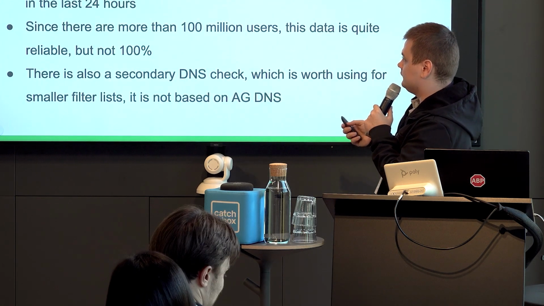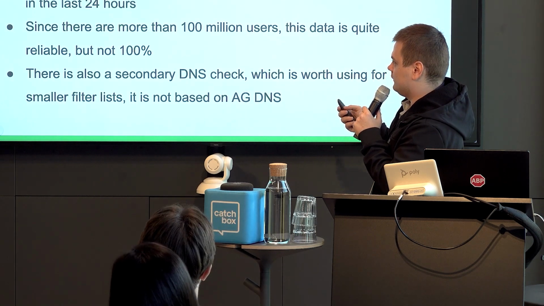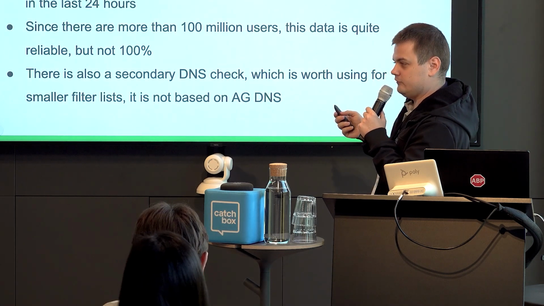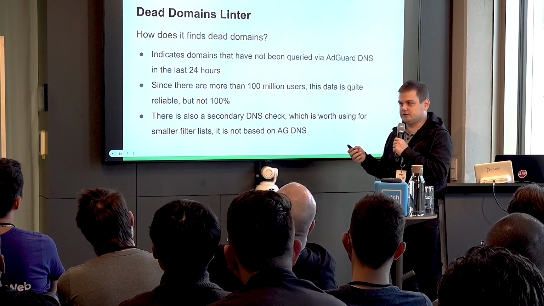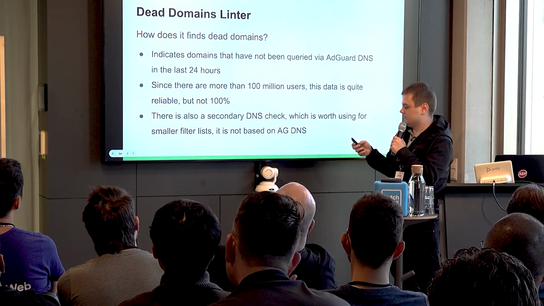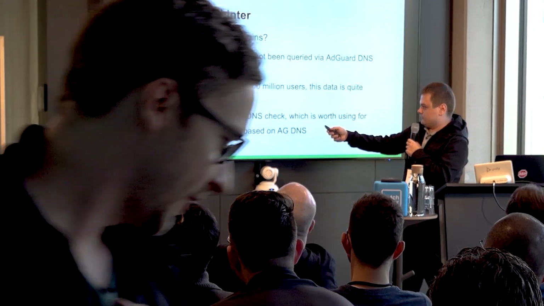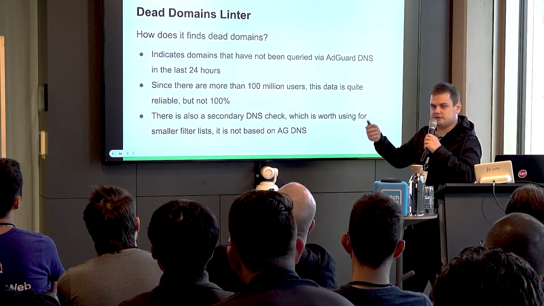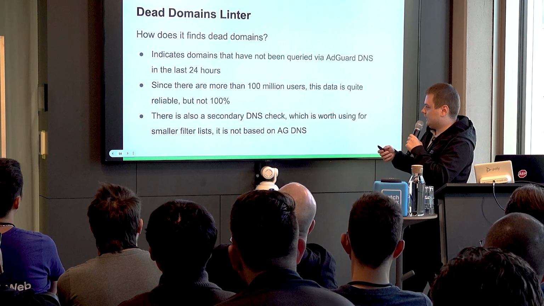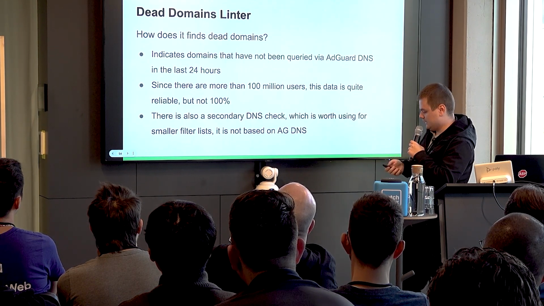It finds domains that were not used by AdGuard DNS in the last 24 hours. It's actually quite reliable data based on 100 millions of users. There is also a secondary DNS check, but it's not recommended for large filter lists because it has an overhead, which is double-checking the first check.